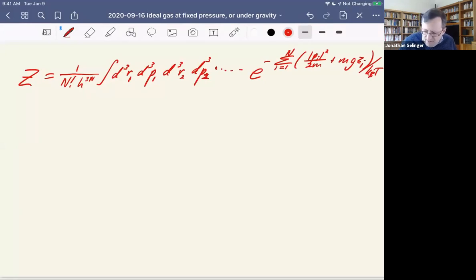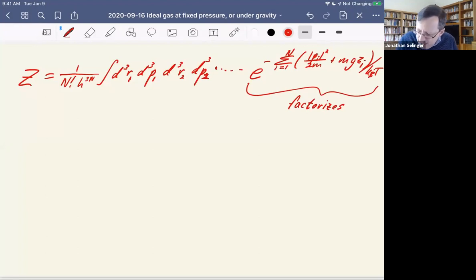So it looks complicated, but actually we can do it step by step, the same as we did on Monday for no gravity. Right? So if we want to do it step by step, the thing to notice is that this exponential factorizes.